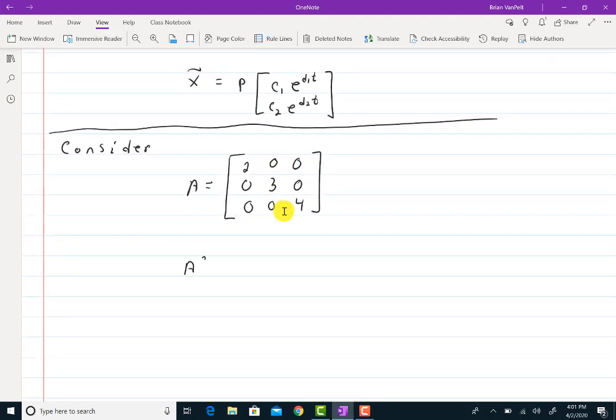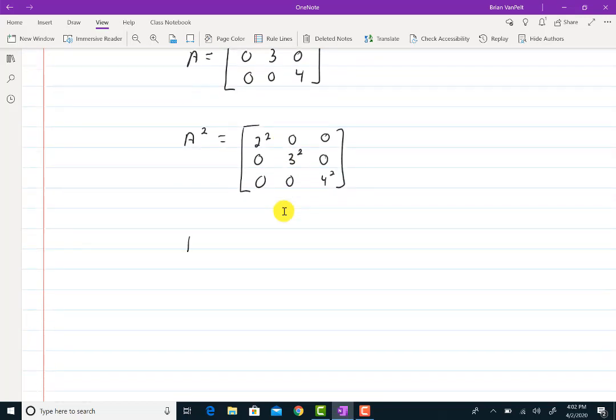For instance, A squared will equal the following. It'll be 2 squared, 3 squared, 4 squared on the main diagonal, and zeros everywhere else. So it'll still be diagonal even after you do this.